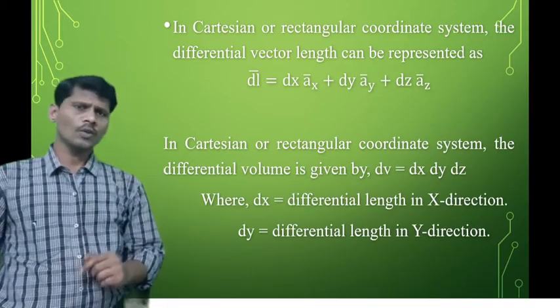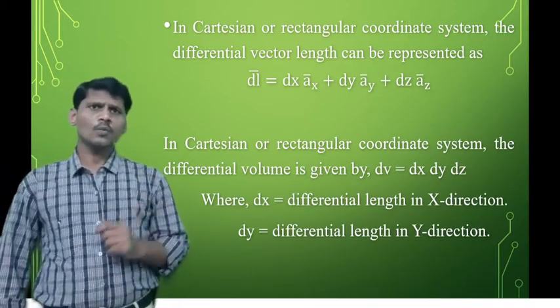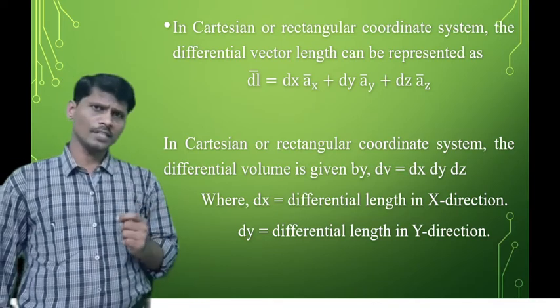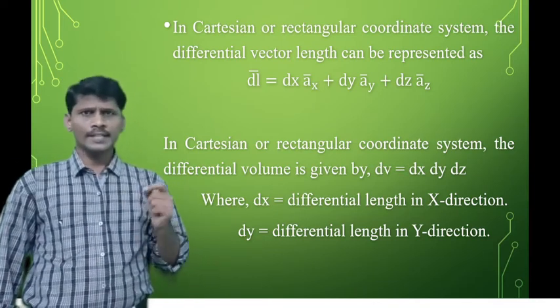In Cartesian coordinate system, the differential volume is given by dV is equal to dx dy dz.